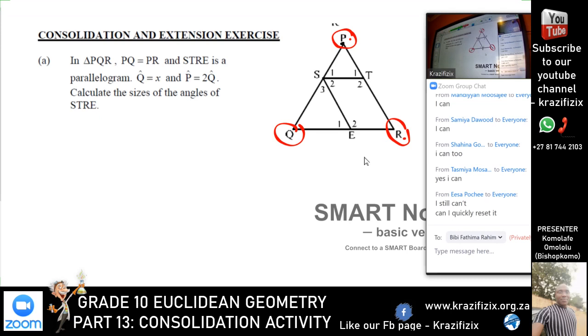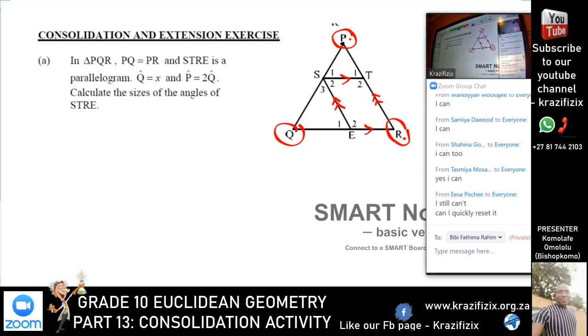All right. In triangle PQR, PQ is equal to PR. And STRE is a parallelogram. What do we know about a parallelogram? We know that this will therefore be parallel to that, and this also would be parallel to that.